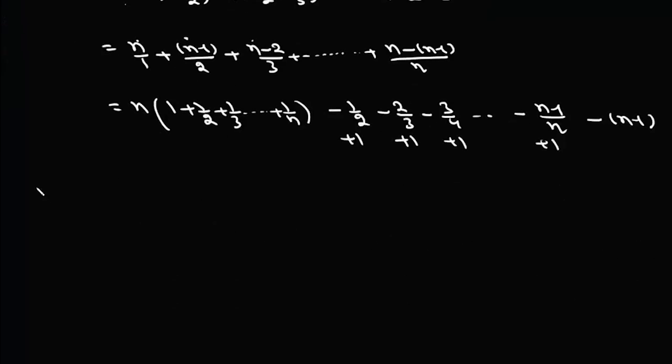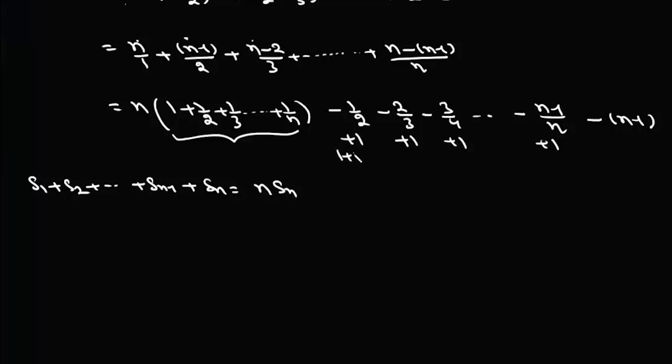So we'll get the series as S1 plus S2 plus Sn minus 1 plus Sn. It will be n into Sn. Now this is plus 1 by 2, plus 1 by 3, plus 1 by 4, plus 1 by n. And we'll add 1 and we'll subtract 1.